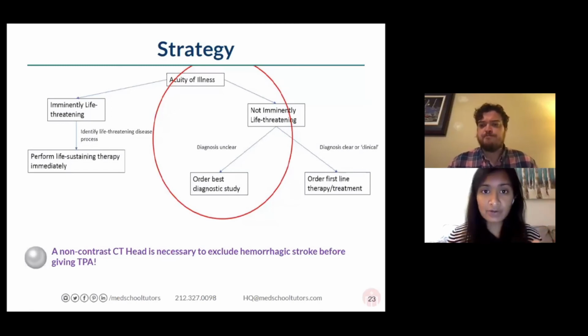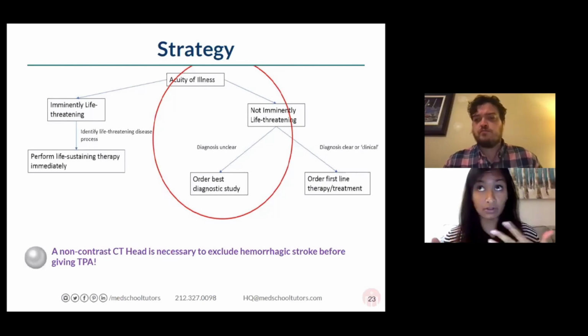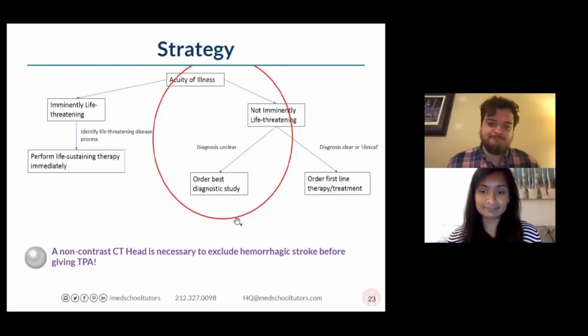So the angio is to look for, is there something that interventional neuroradiology can do a thrombectomy on? Is there a carotid endarterectomy target? Which is important, absolutely. But the most important thing is, can we reverse this right now? And that will be determined by the non-con head CT, which will tell you blood, no blood, go for TPA, yes or no? Yep, that's it. Exactly. Important. All right.